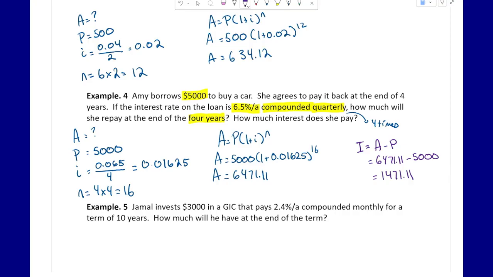So that means after 4 years, we would owe an extra $1,471.11. So we're owing the 5,000 originally plus this interest now.